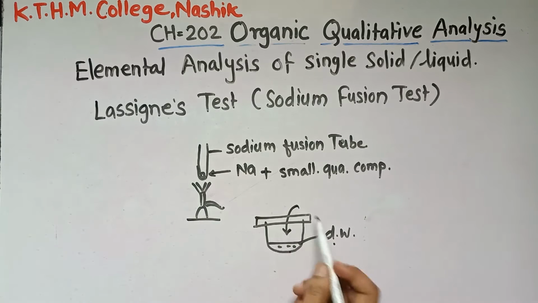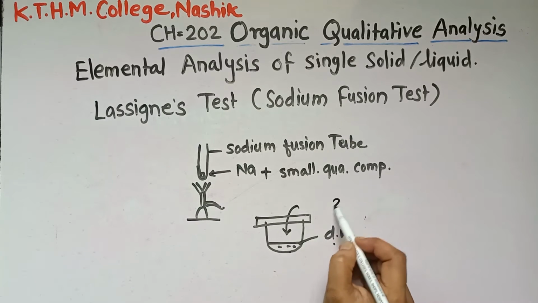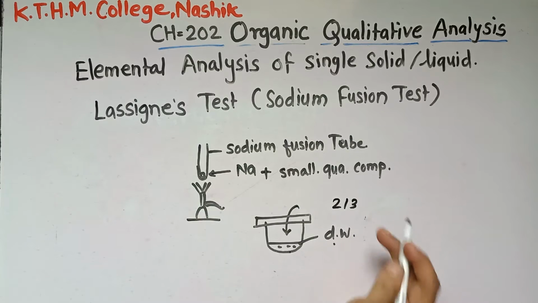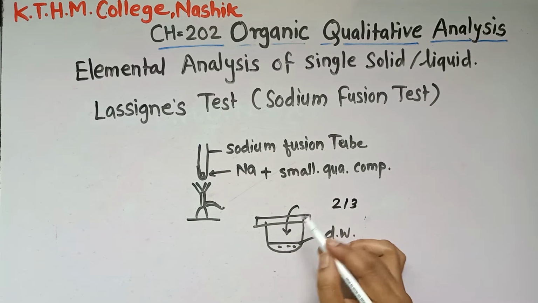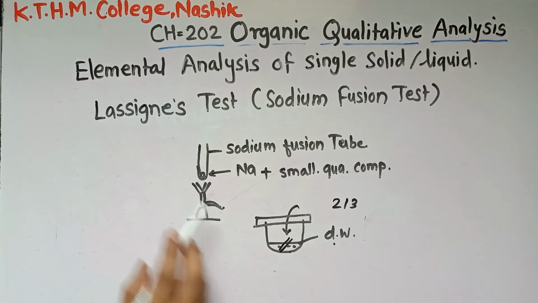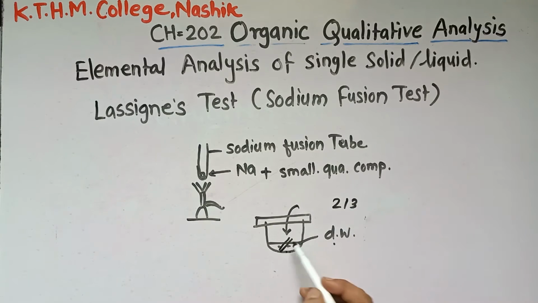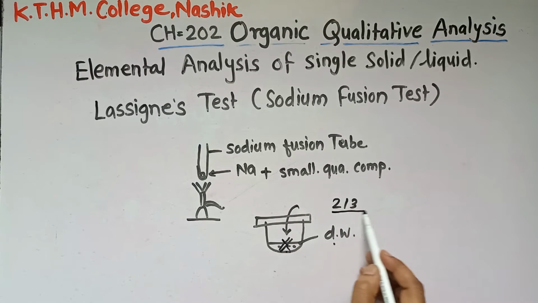That's why we place the wire gauze on the crucible. In this way, we break 2 or 3 sodium fusion tubes here. This red hot tube, when it enters the cold water, immediately breaks. In this way we break 2-3 tubes in this water.